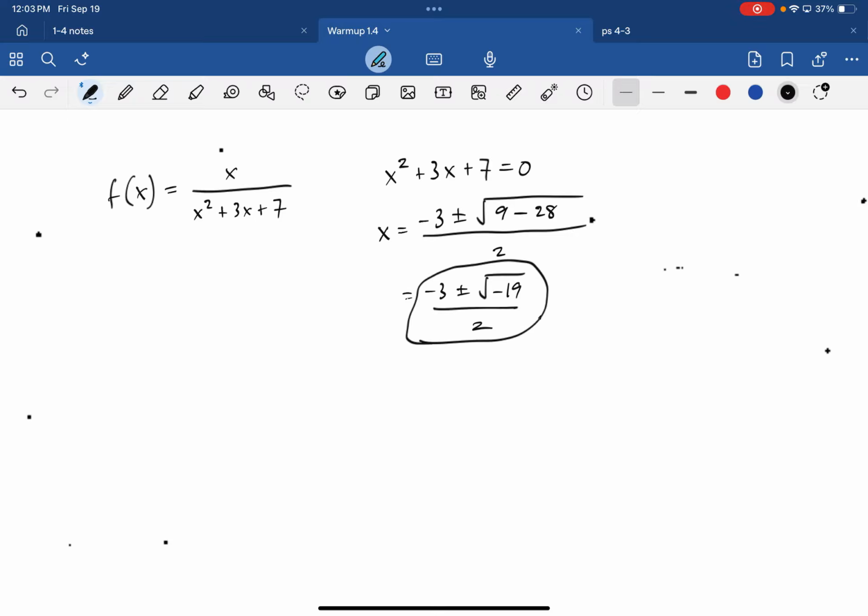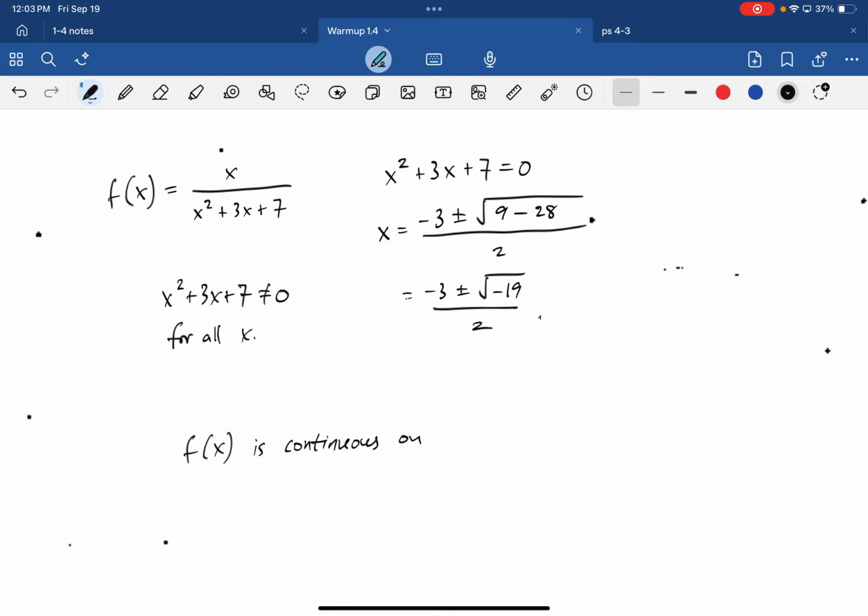It's an imaginary number, a complex number. And so therefore, there is no value of x such that this equals 0. And so this denominator is actually always positive. And so therefore we would say that f of x is continuous for all x. And so the interval of continuity is negative infinity to infinity.